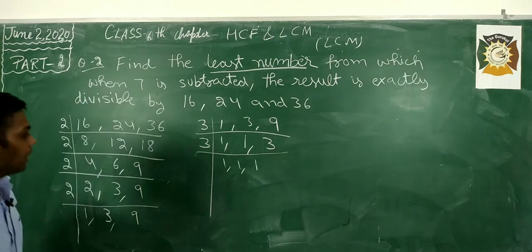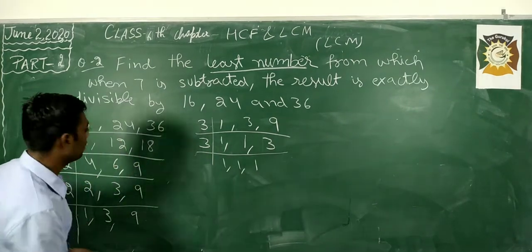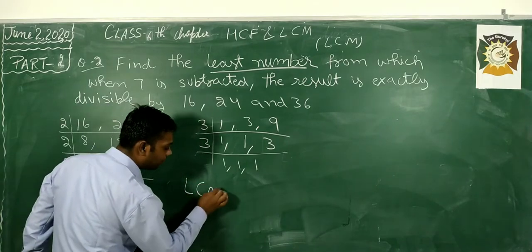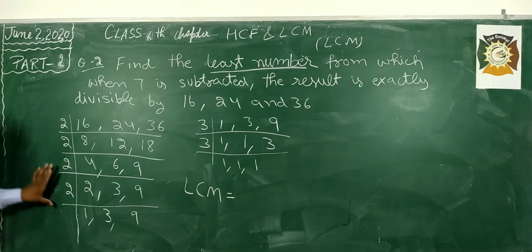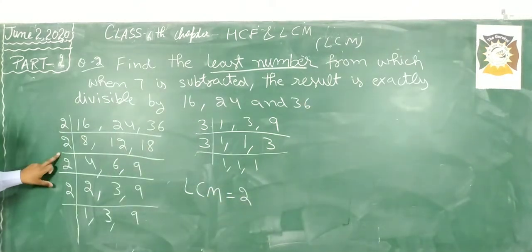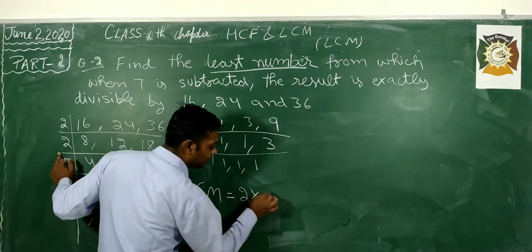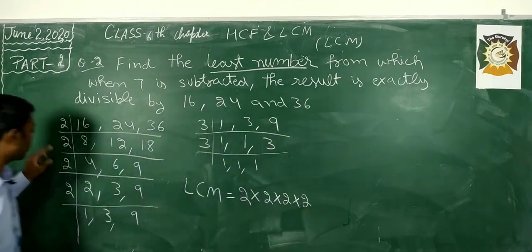Now we have to find their LCM, the least common multiple. The LCM of these three numbers is just the multiplication of these factors by which we divided. First is 2 multiply by 2, again multiply by 2, multiply by 2, 4 times.